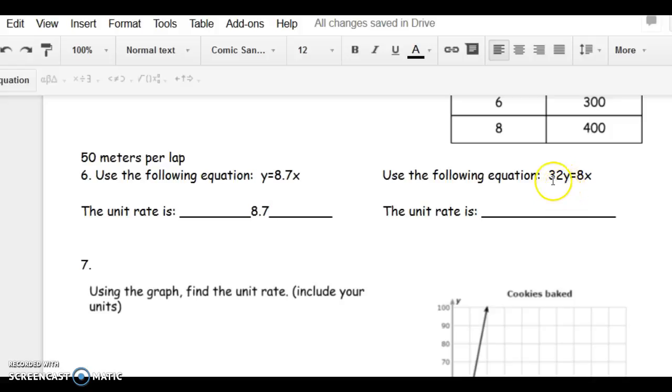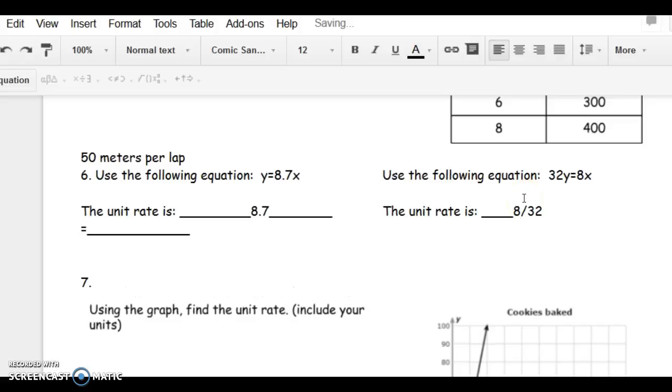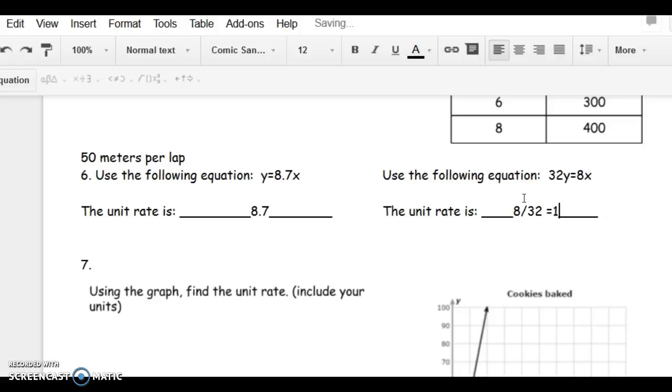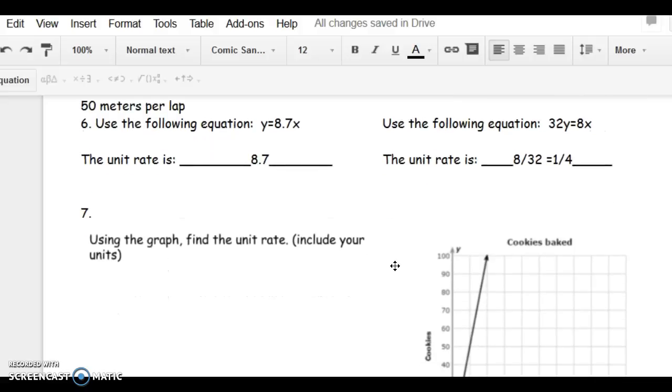So this is 32 times y, so I'm going to do the opposite operation and say 32 divided by 32 is 1, but there's an equal sign, so I have to divide the other side by 32. So 8 divided by 32 equals 1/4, because 8 goes into 32 4 times. The equivalent fraction of 8/32 is 1/4, if that's the way you like to think about it.